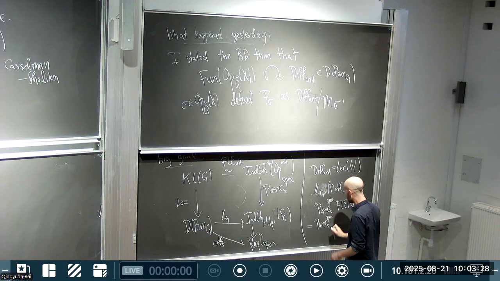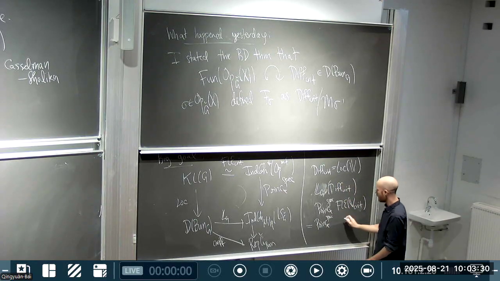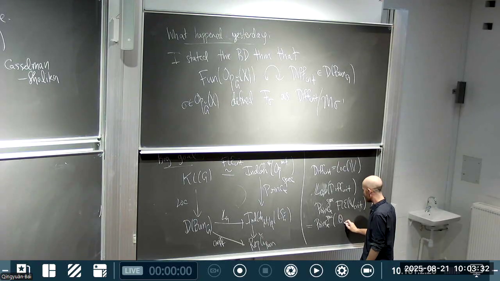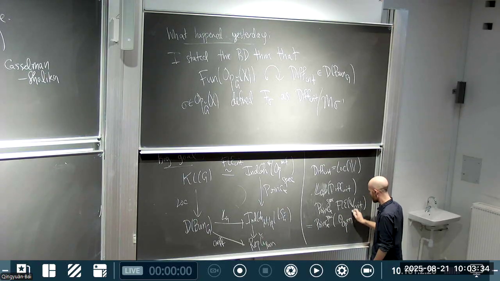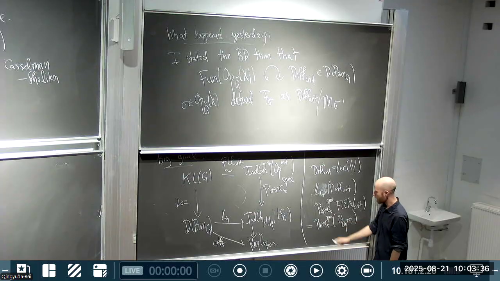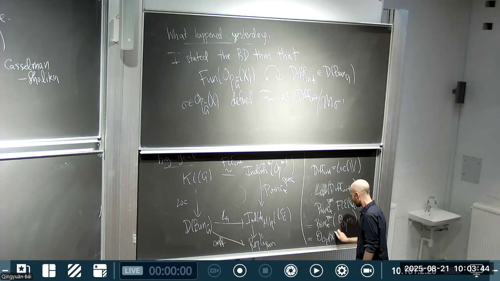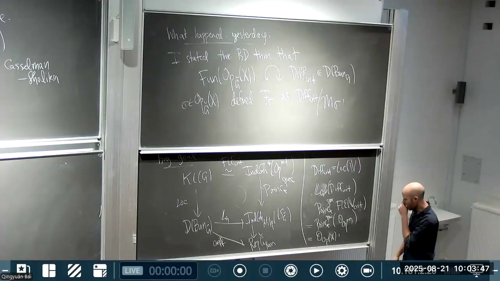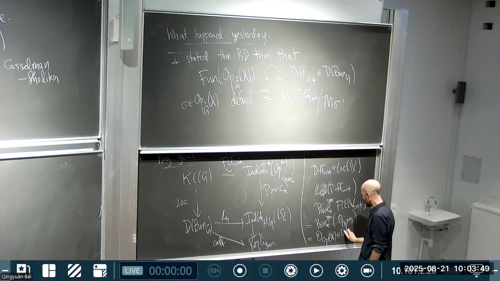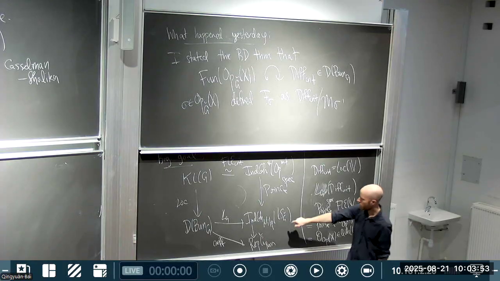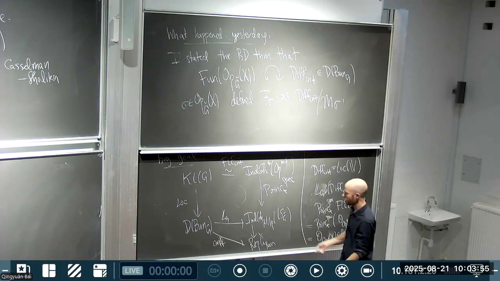So the basic property of the FLE was that it sent the vacuum representation to this guy Z, these functions on regular opers. And the basic property of the spectral Poincaré series is that it maps this to the structure sheaf of global opers, thought of as a quasi-coherent sheaf on Loc_G check.